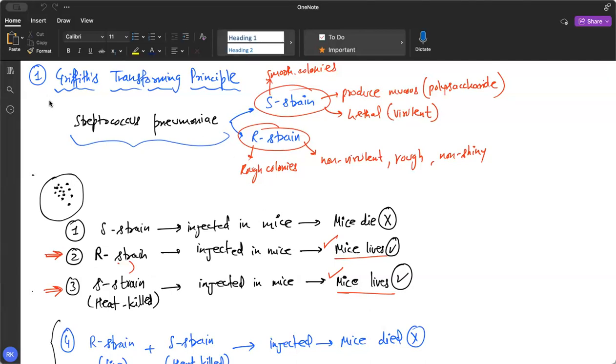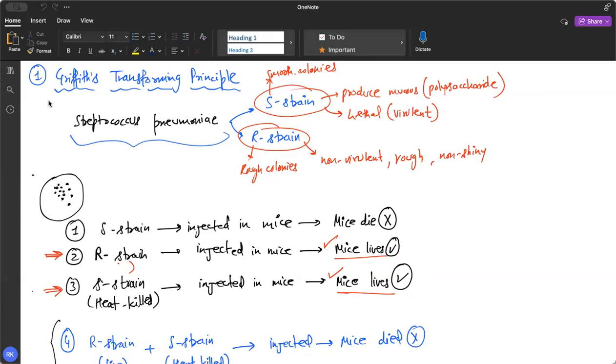It all started with Griffith's transforming principle, where Griffith, while doing experiments with Streptococcus pneumoniae, realized that there were two strains. The S strain, where S stands for smooth, a name derived from the mucous shiny colonies that they produce, was lethal upon infection.